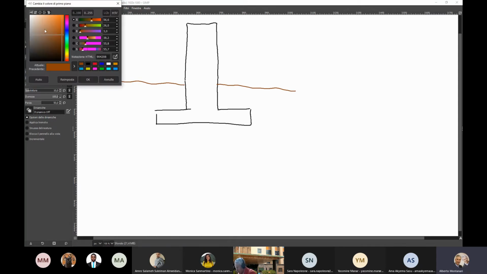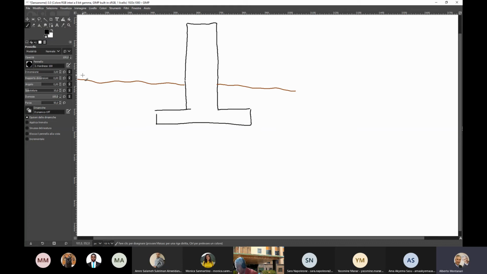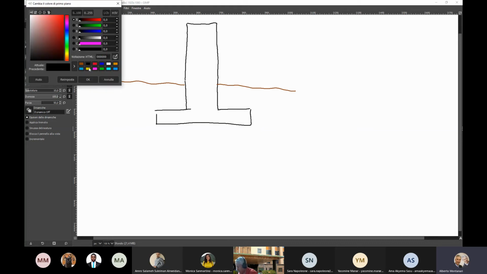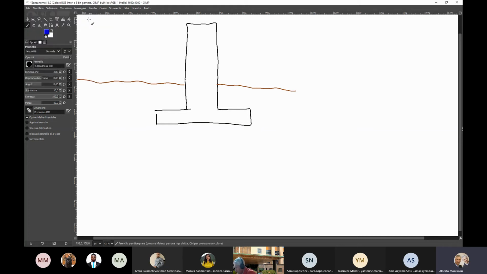You have water flowing over here during a flood, and water comes down, and there is some turbulence here, and then water flows down, okay?